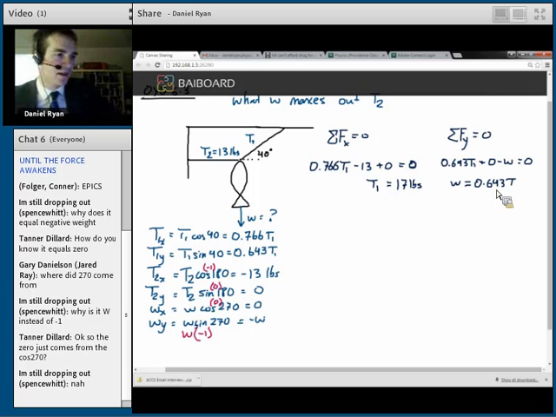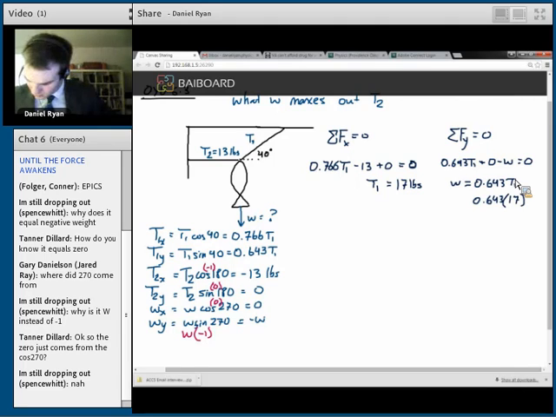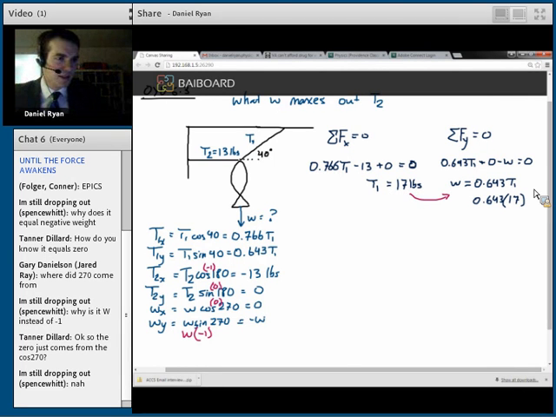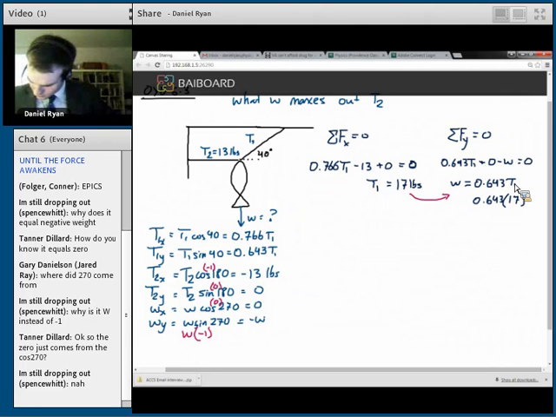And finally, I put the value I calculated for T1 into this spot over here, combining these equations. Let's put this T1, 17 pounds, into the T1 spot, which gives me a weight equal to 10.9 pounds.